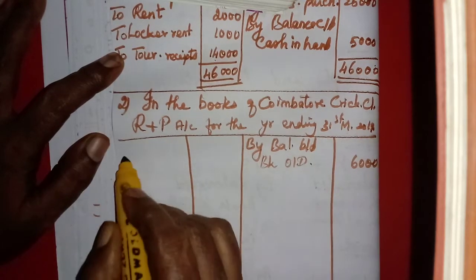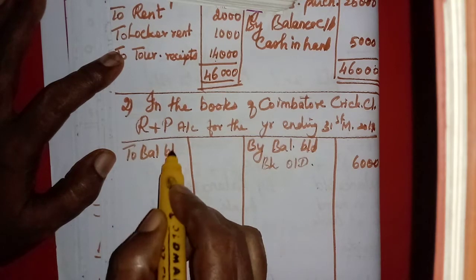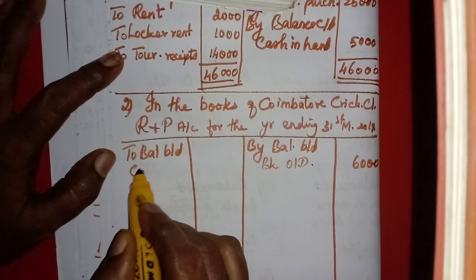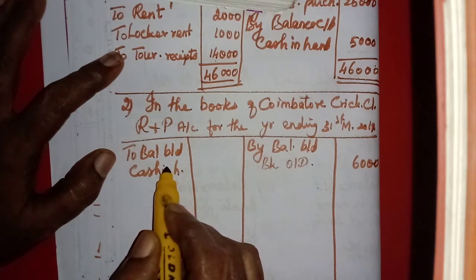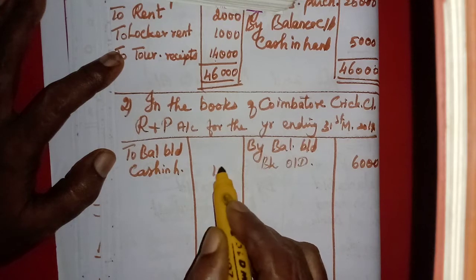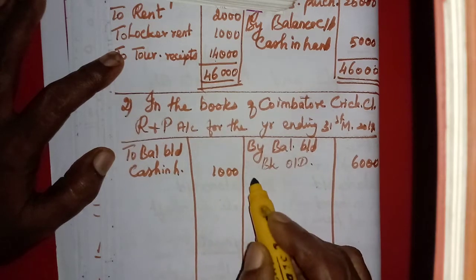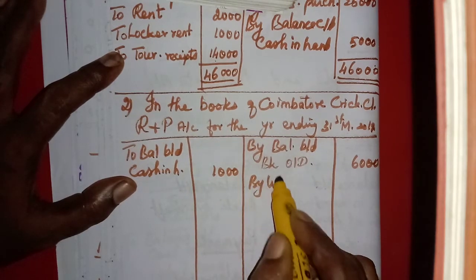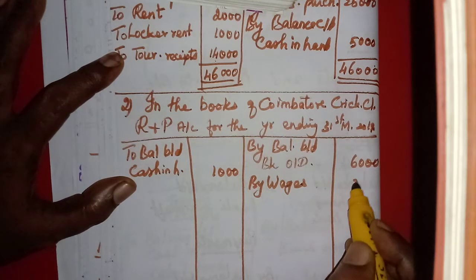Cash in hand. So this side, to balance brought down, cash in hand, 1,000. Then wages paid for ground maintenance. So here, by wages, 2,000.